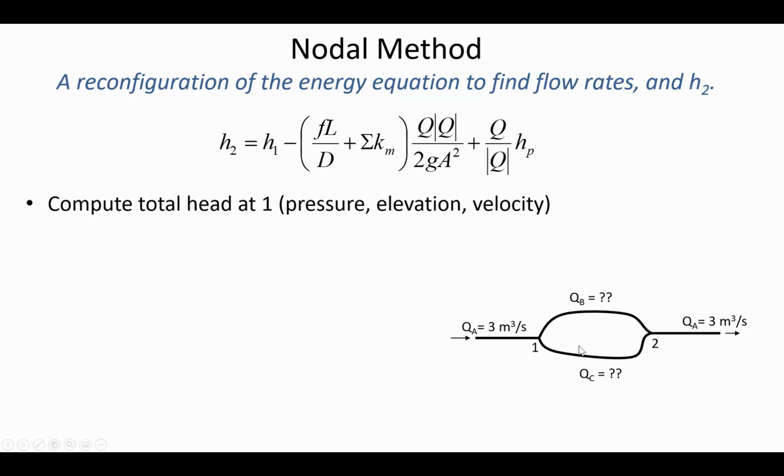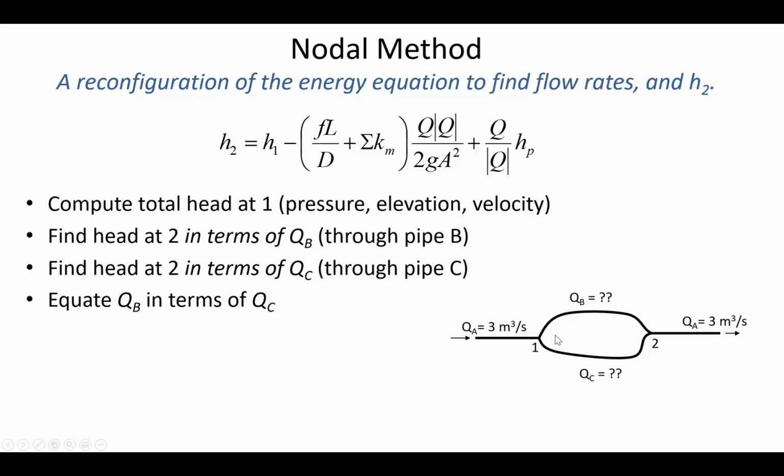So the first thing that we could do is, if we know the elevation and the pressure and the velocity of the flow, we could calculate the total head at 1. And then we could also determine the total head at 2 by subtracting out the losses through one of the pipes.